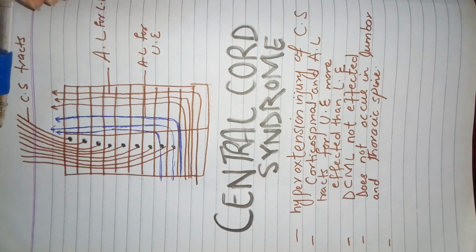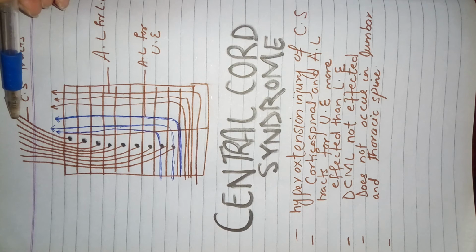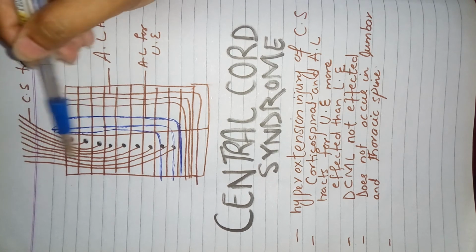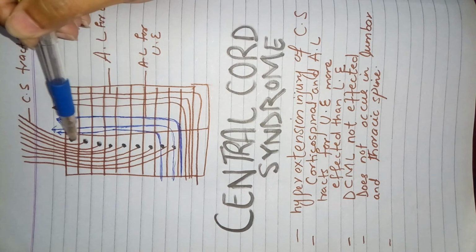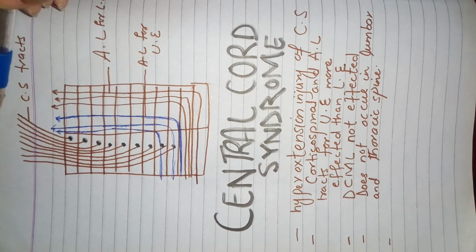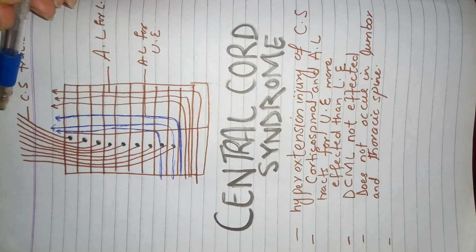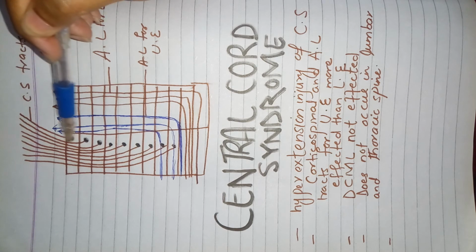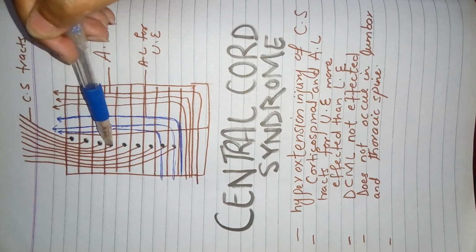So how does that happen? As you can see, this is a figure I've shown. These are the corticospinal tracts which I have drawn. They come from the cortex towards the anterior horn cells, and I made them as black dots. The corticospinal tracts for the upper extremity, coming from the cortex to the cervical spine, are located more medially, or in other words, centrally.